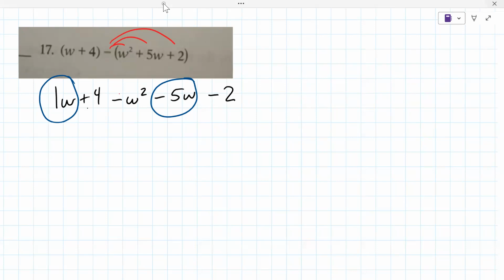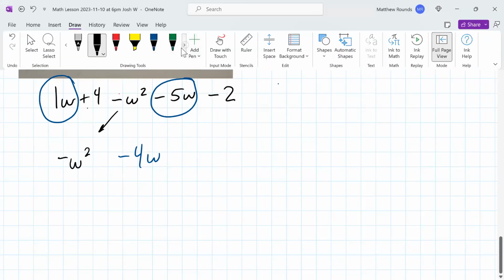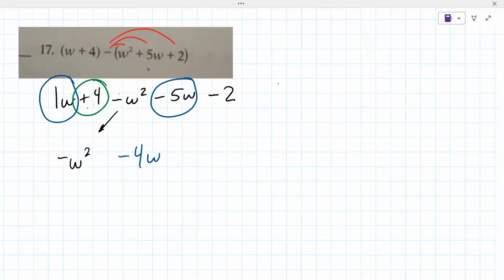Those are like terms. What does that become? You have one positive here, 1W minus 5W, that'd be negative 4W. Now this W squared comes down, but it's negative. You typically put it in order. And then you've got two other numbers here, 4 minus 2.